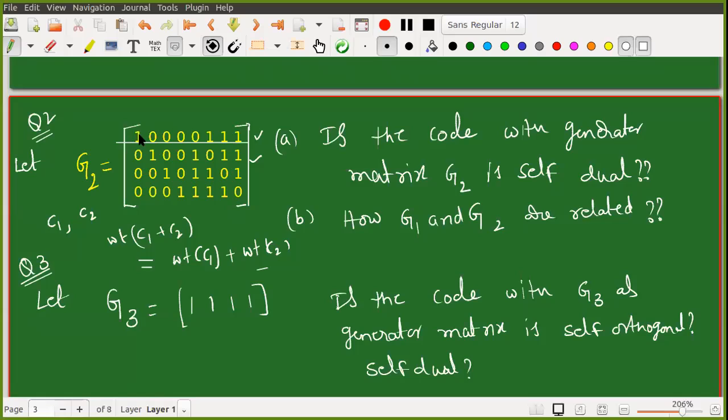What is the weight of the first code word here? This one. Are you able to see? I am ticking here. 4. This one, 4. So now I add. So what is the weight of C1? 4 plus 4. What am I doing now?